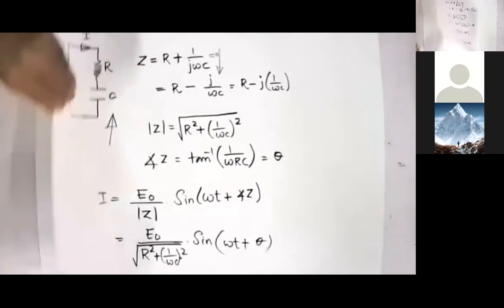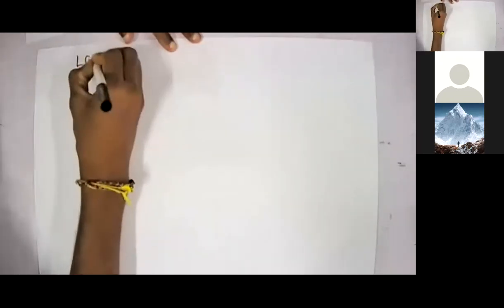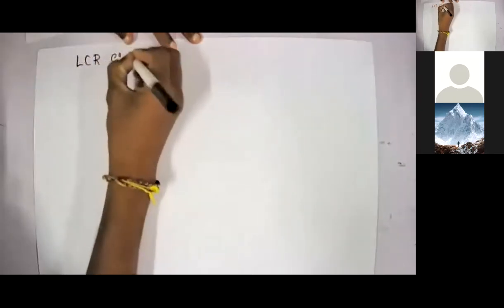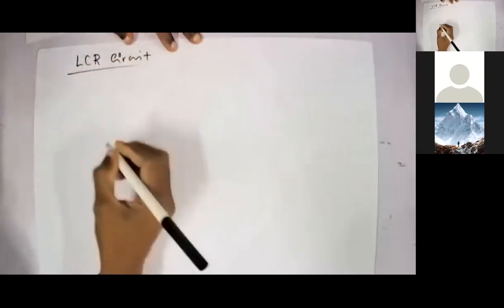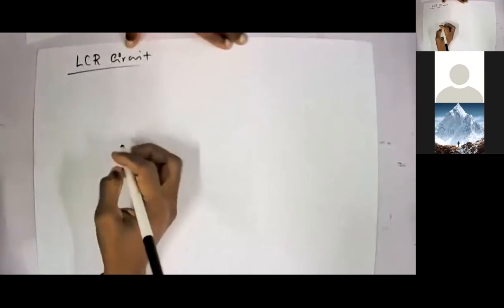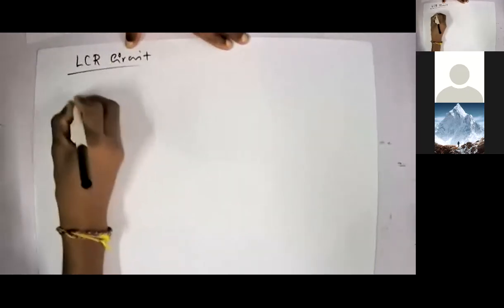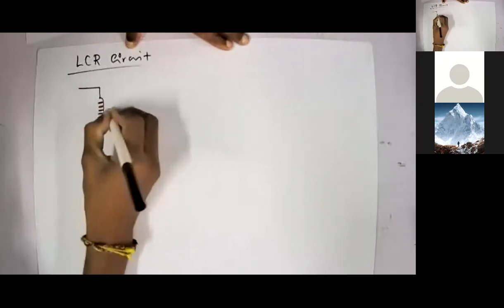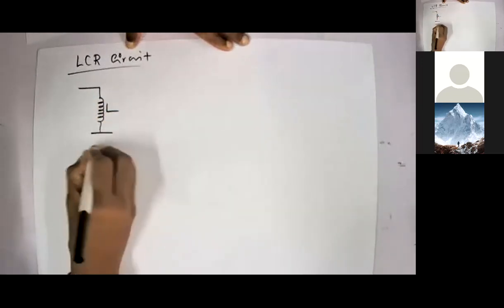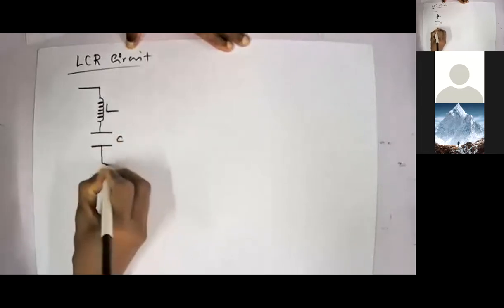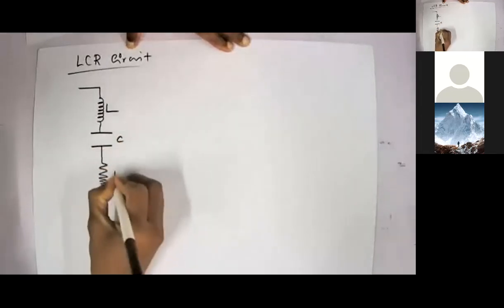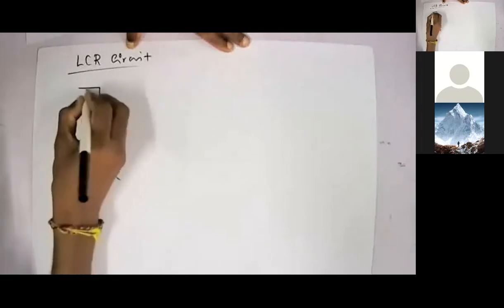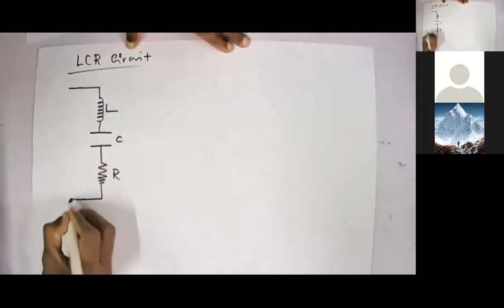Right. Now we can go for an LCR circuit. LCR circuit means I have an inductor, which is my L, and then a capacitor C, and then a resistance R. This is connected to an AC signal.